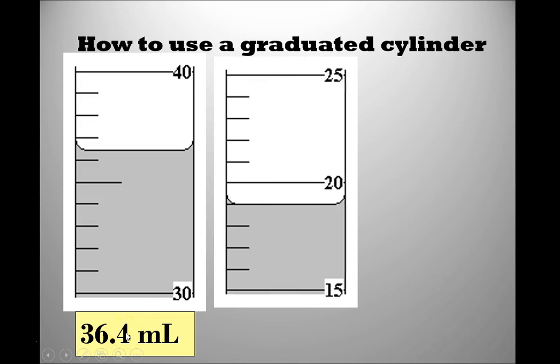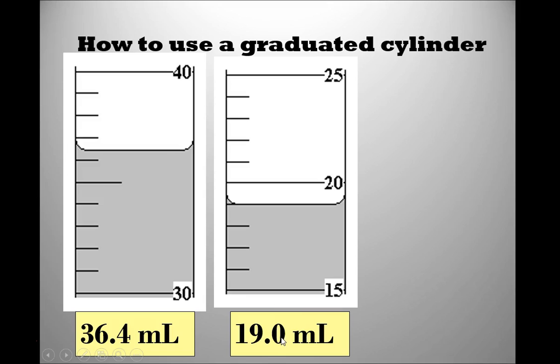All right, so now for this one, pay attention to what each of the lines means. It looks like each line means a milliliter again, 16, 17, 18, 19, 20. Now this is one that's easy to forget. People look at this and it lands right on the line, and a lot of people write it down as 19. But you should really do it as 19.0. You know with certainty the 19, and you guess the next number in line.